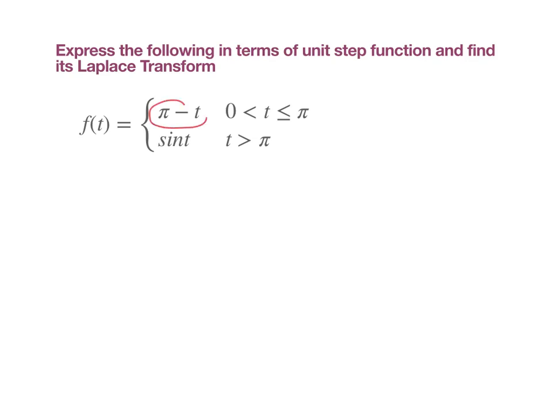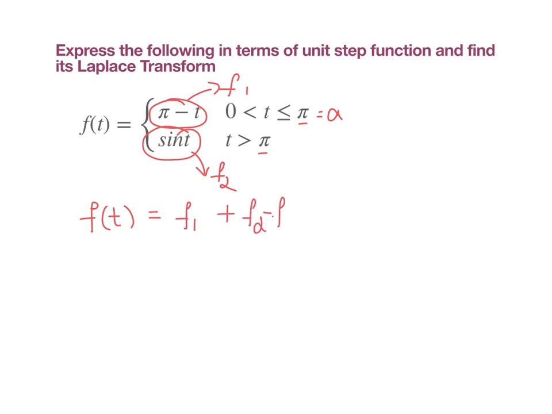So what we have, this is f1 and this is f2. We have the common value, a is pi. So first, what is the formula? f of t can be written as f1 plus f2 minus f1 into u of t minus a.